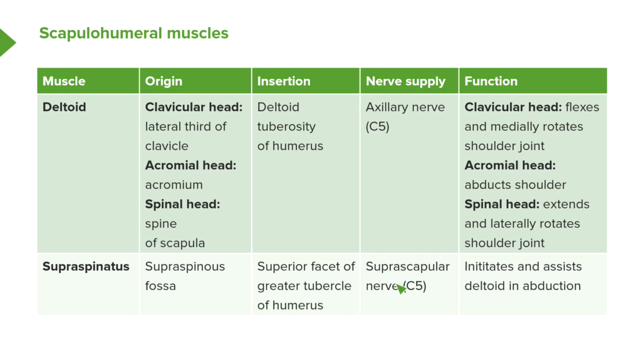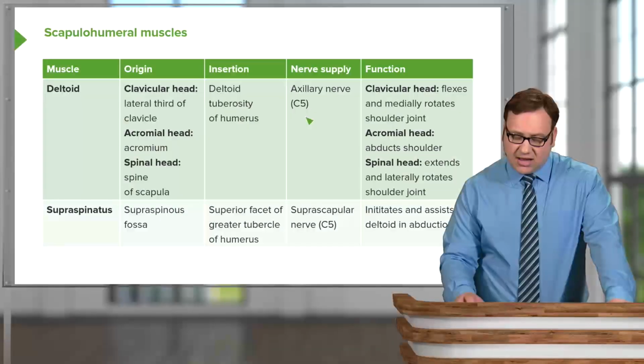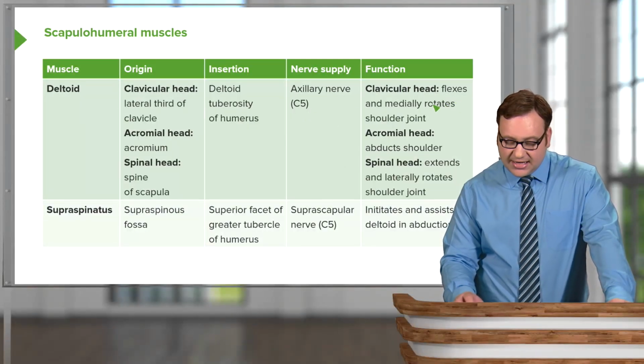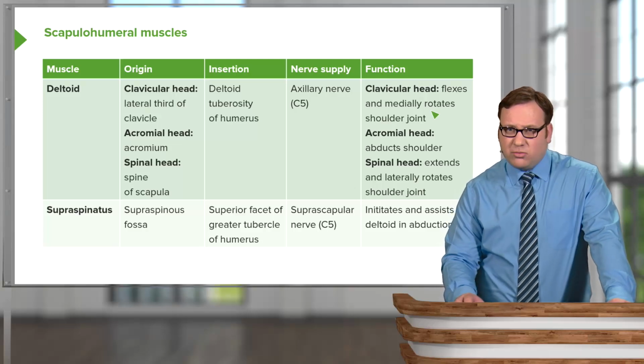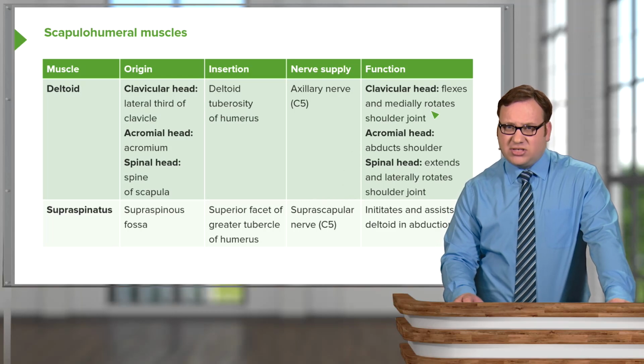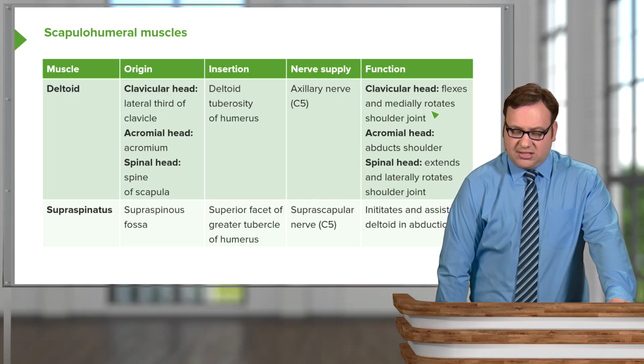We can see that in this table here. Clavicular head, acromial head, spinal head, coming from those places. It runs to the deltoid tuberosity of the humerus on the lateral surface, and it's innervated via the axillary nerve, and this comes from C5. The clavicular head is important in flexing and medially rotating the shoulder joint, so turning the shoulder joint internally.